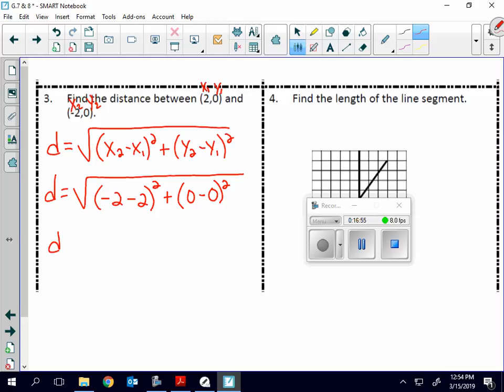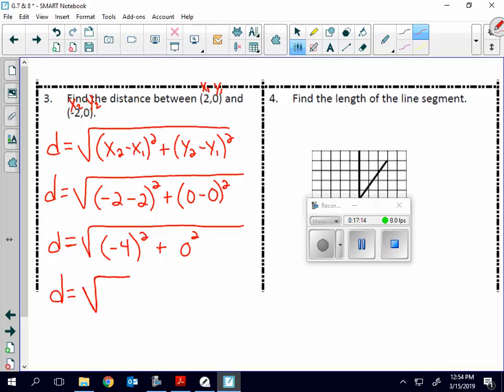All right, this is not 0, so be careful. This is really negative 2 plus negative 2, it's getting more negative. This is negative 4 squared. The other one is 0. 0 minus 0 is 0. And of course, 0 squared is going to be 0.